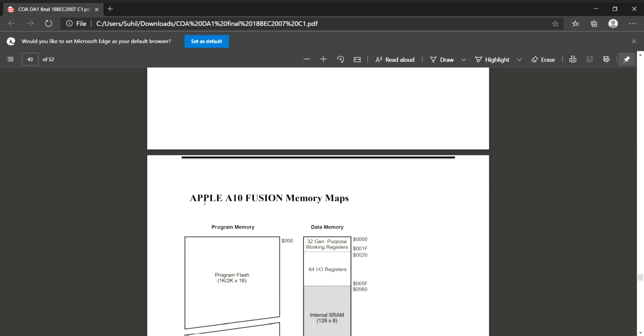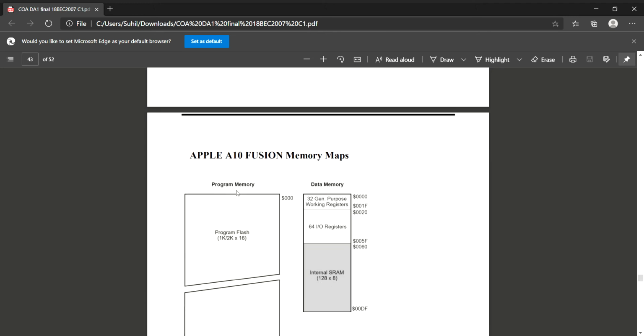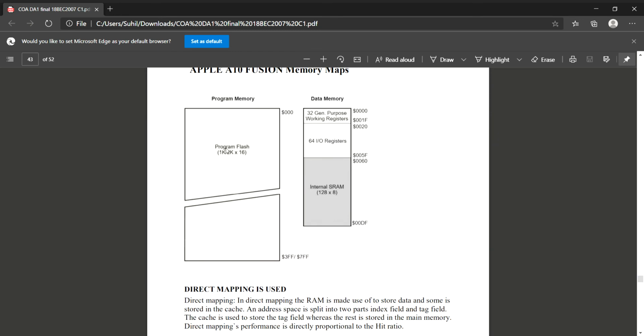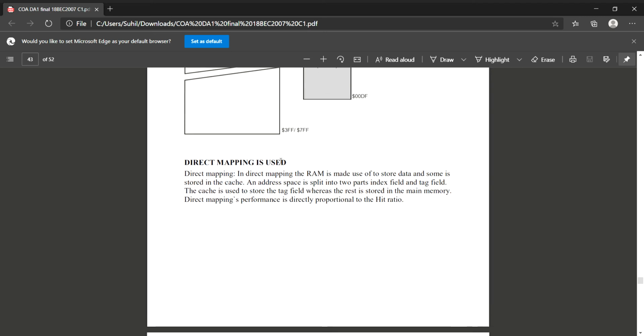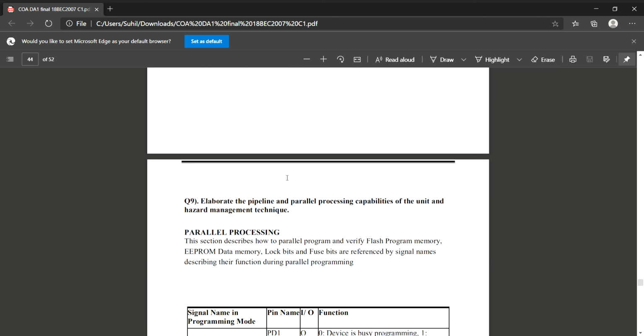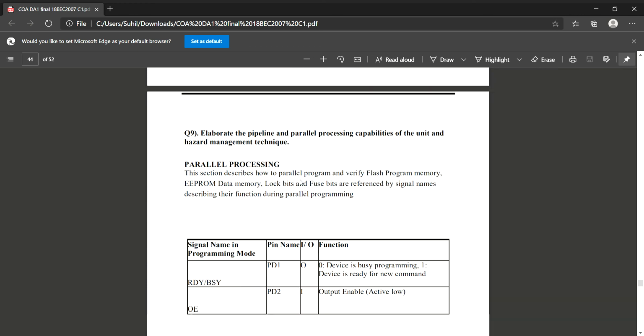Memories here are program memory and data memory. The data will be transferred into program memory, and program memory into the CPU, which then executes and performs operations.